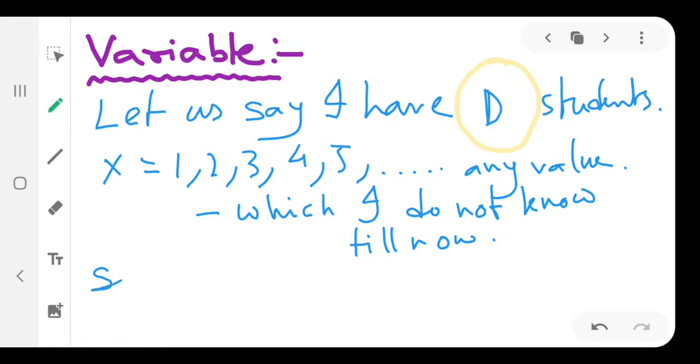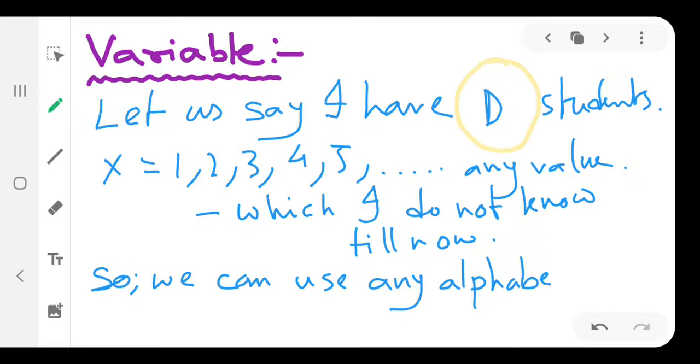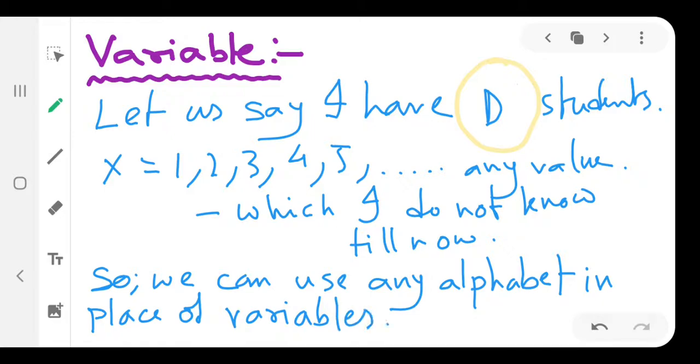So we can use any alphabet in place of variables. Fine. So variables are those things which vary, right? Variables are those things which vary, which can take any values.